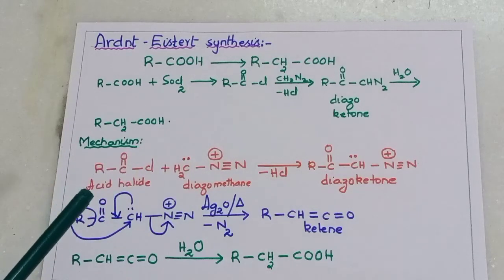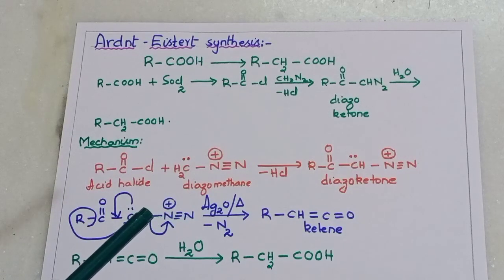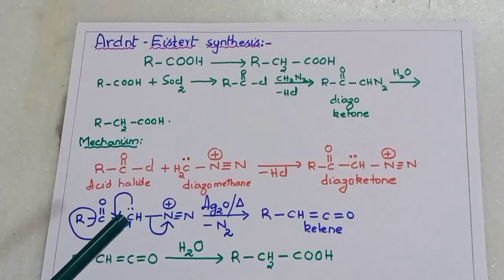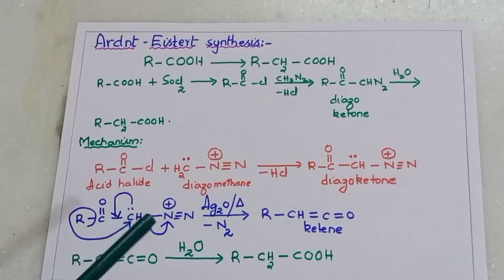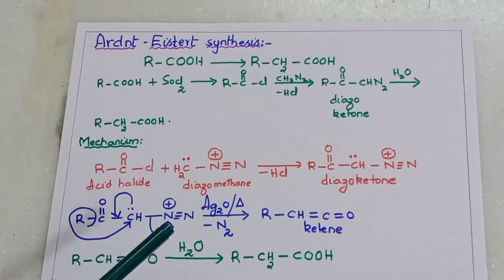On treatment with diazomethane, it is converted into diazoketone, and this diazoketone, on treatment with silver oxide and heating, is converted into ketene, and this ketene on hydrolysis is converted into the next higher carboxylic acid.